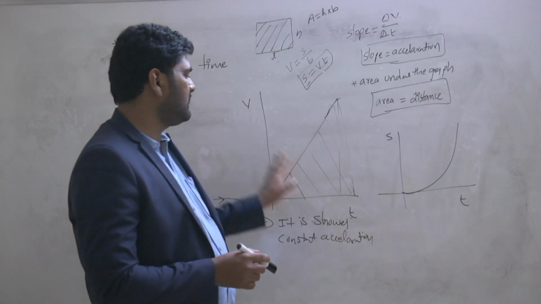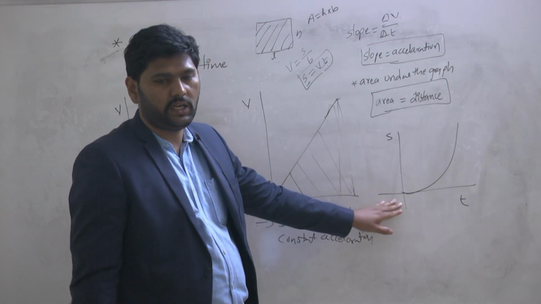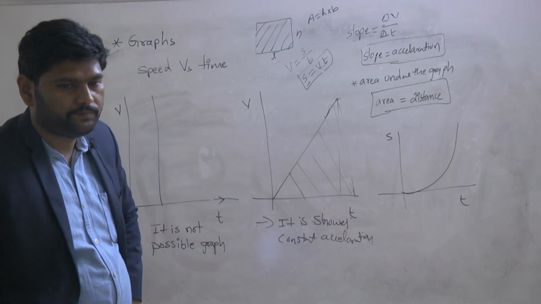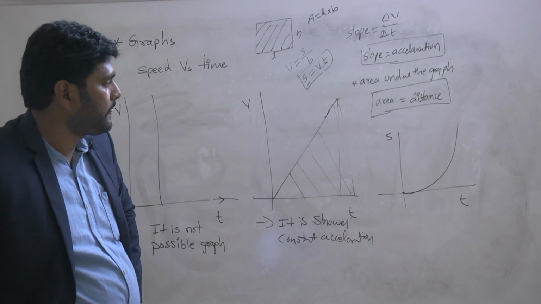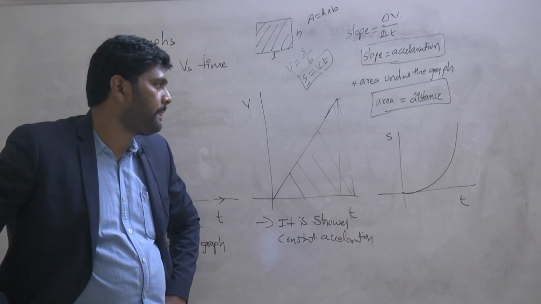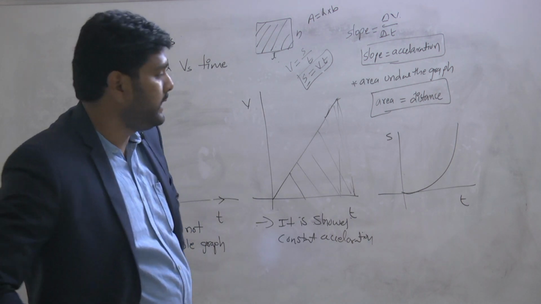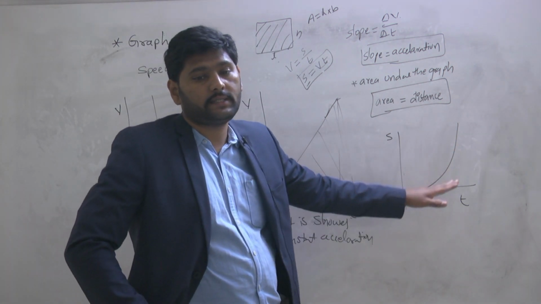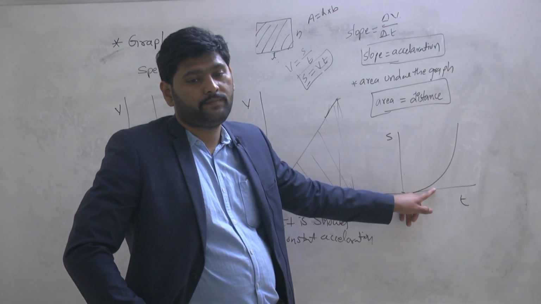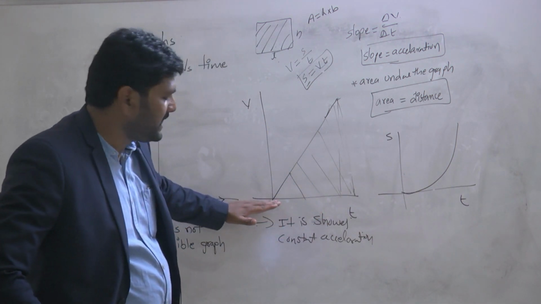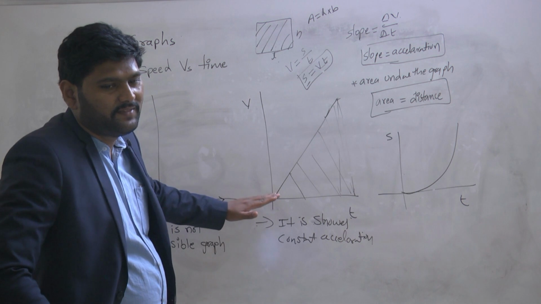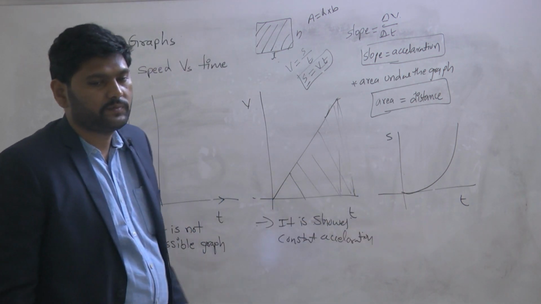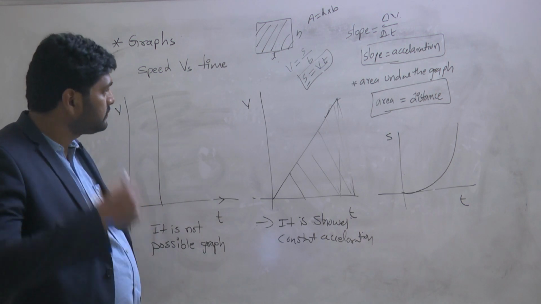The same speed versus time graph is a straight line, but here it will simply be a curve. Because when we write the distance versus time graph for accelerated motion, this is moving with constant acceleration. When the object is moving with constant acceleration, this kind of graph we get in the distance versus time graph.